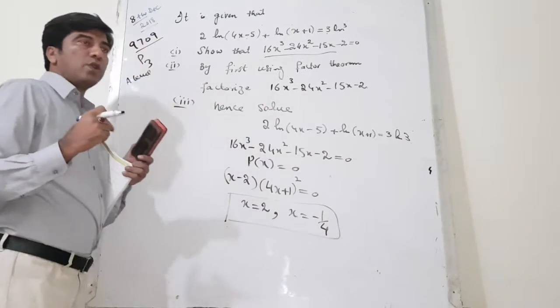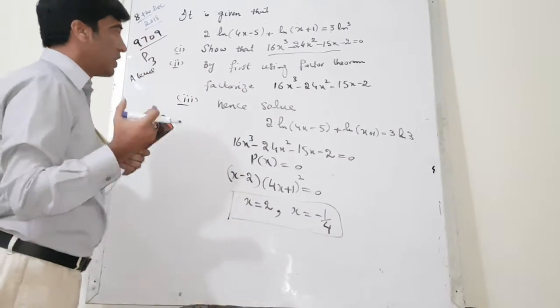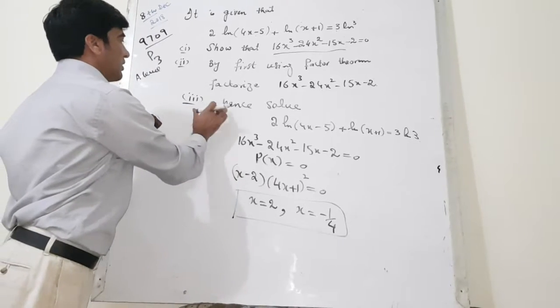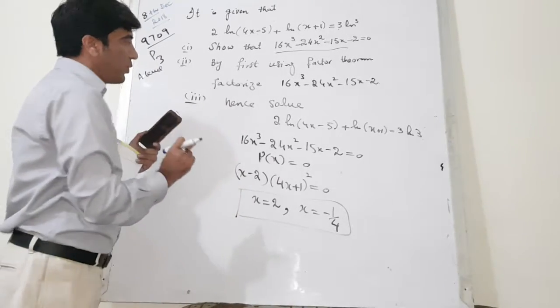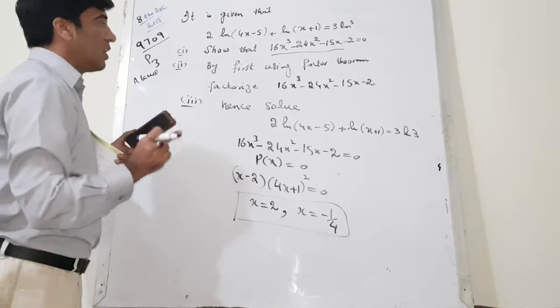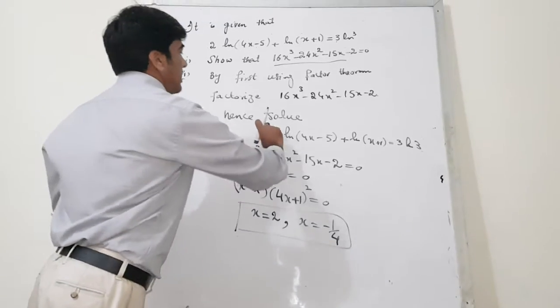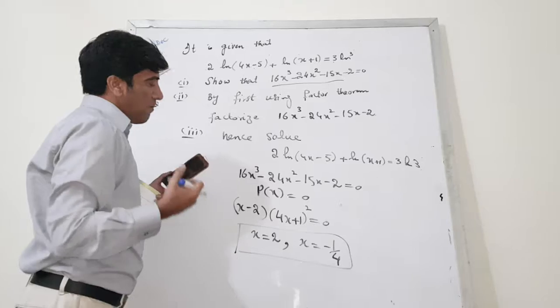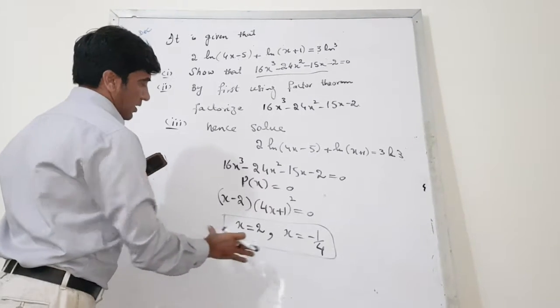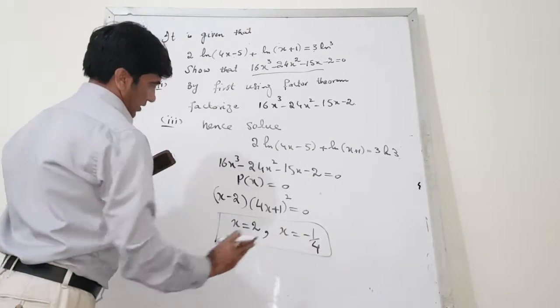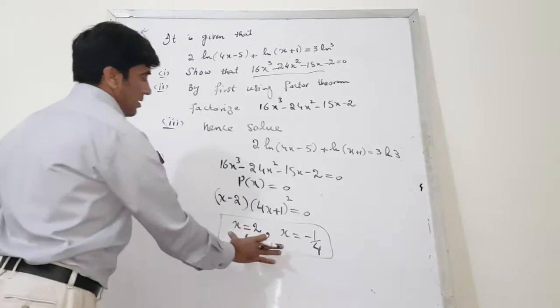So if you want to get full marks for this question, and particularly for this part, you have to take those values of x which satisfy the given equation. Actually, most of the students leave their answer there and say these are the answers. So remember, these are not the answers.